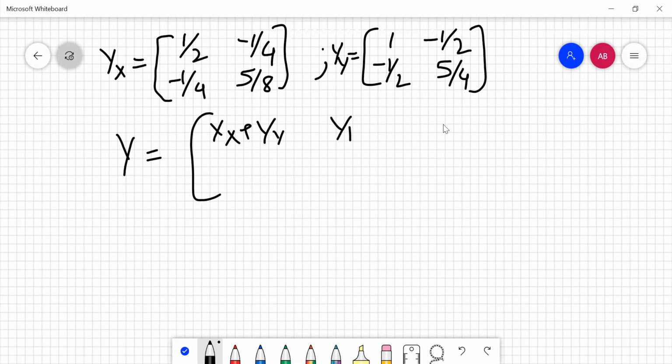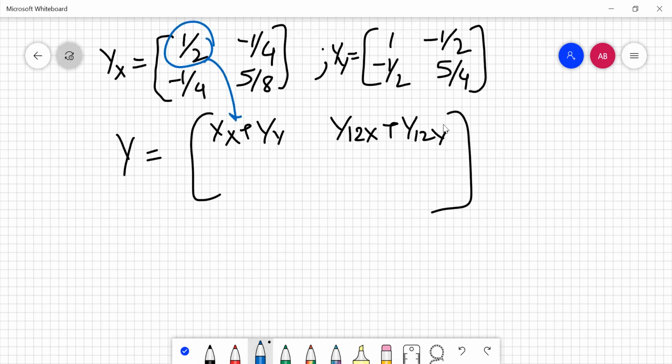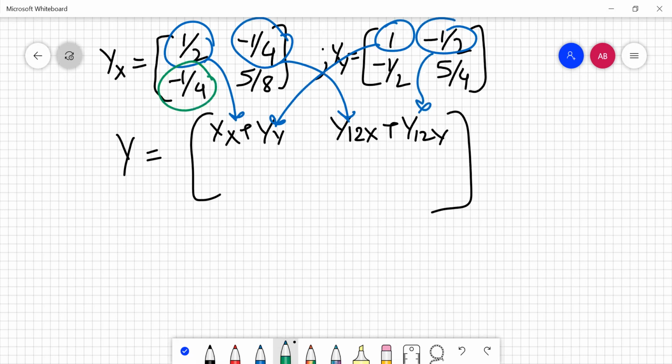So here I will be writing down the subscript so that you will not get confused. So basically, what you are doing is you are adding this and you are adding this. Similarly here, you are going to add this and you are going to add this. And similarly, for the rest of the parameters, this will be added with this. And lastly, this will be added with this.